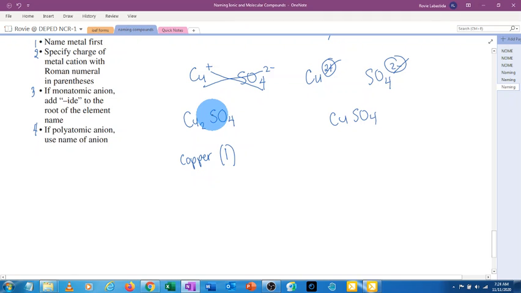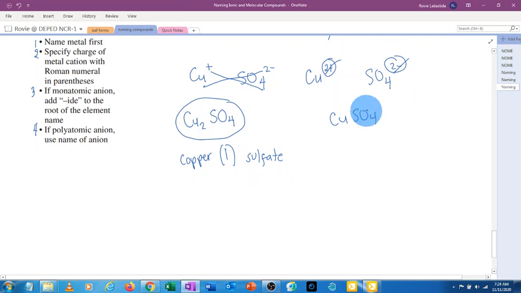And then, since we're not using a monoatomic anion anymore, but what we have here is a polyatomic anion, just use the name of the polyatomic anion. And the name for that polyatomic anion is sulfate. So again, you may watch the video that I uploaded for naming polyatomic anions. So the name for this compound is copper 1 sulfate.